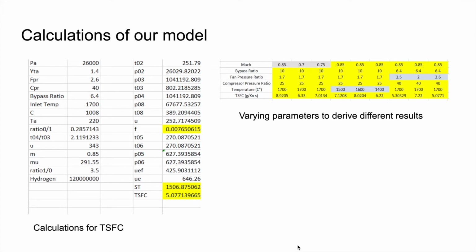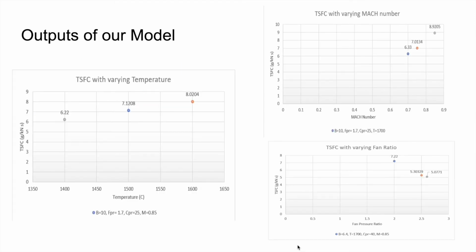But we've gone lower than that on the three right snippets when we've changed the fan pressure ratio to 2.5, 2 and 2.6, along with the bypass ratio from 10 to 6.4 and the compressor pressure ratio to 40. With that, we get the lowest thrust specific fuel consumption of 5.0771.